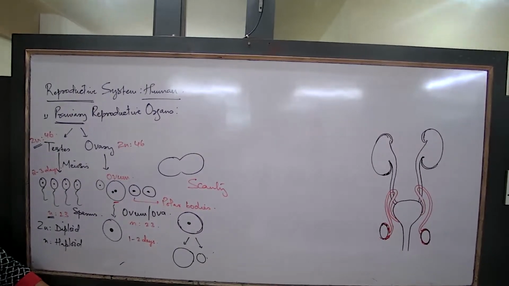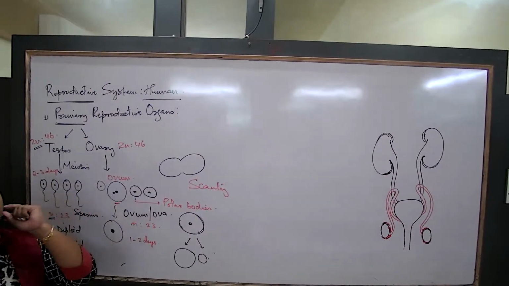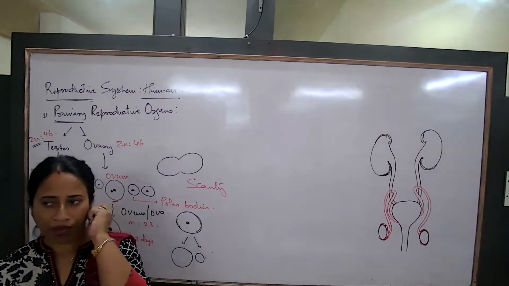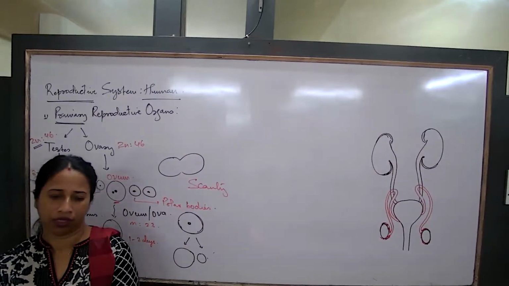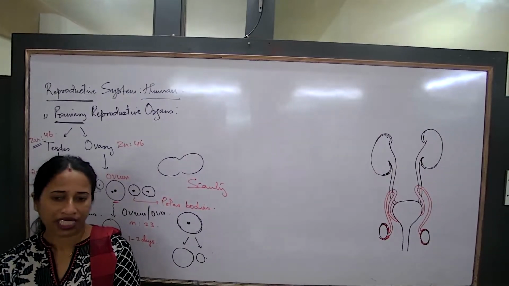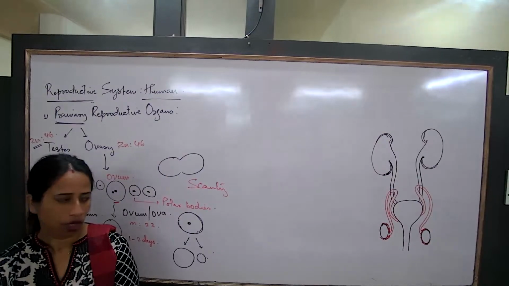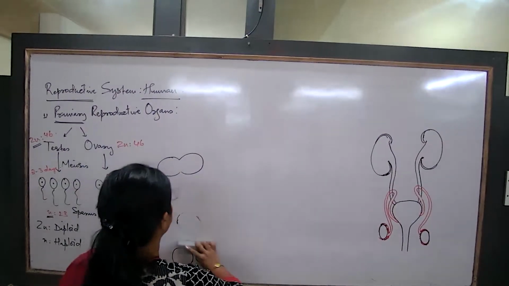Other side, 1 functional female gamete formed from 1 cell of ovary.